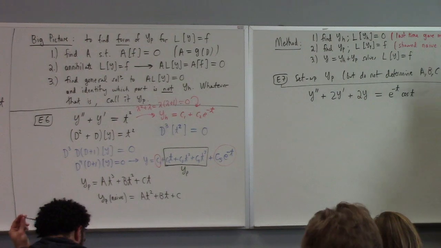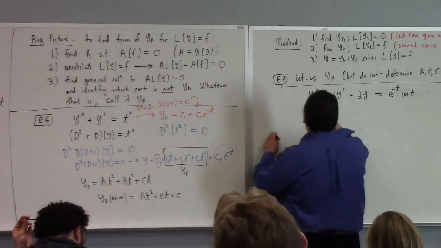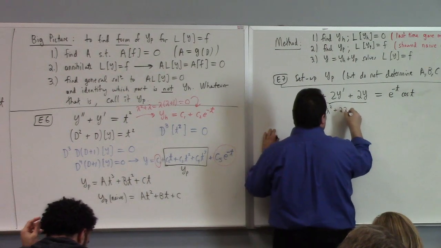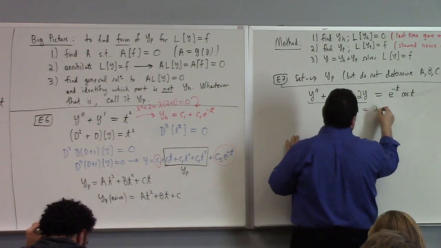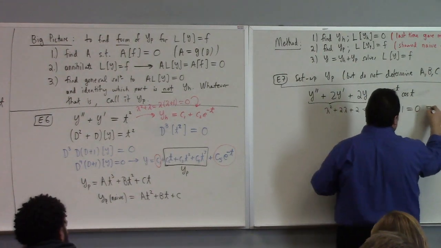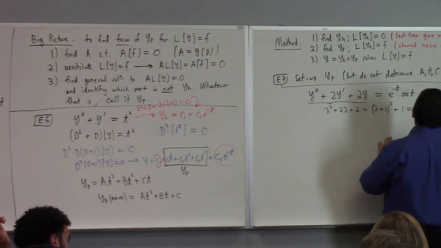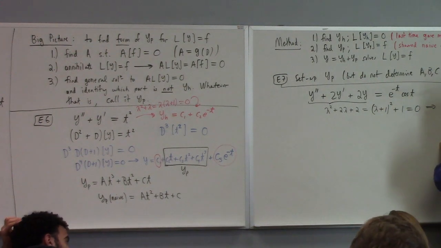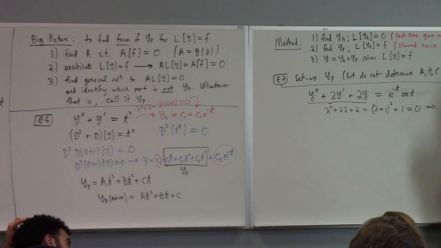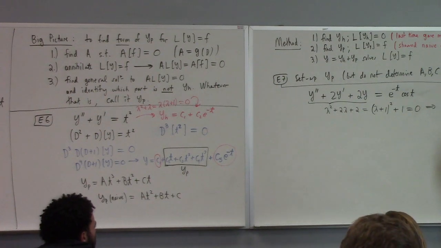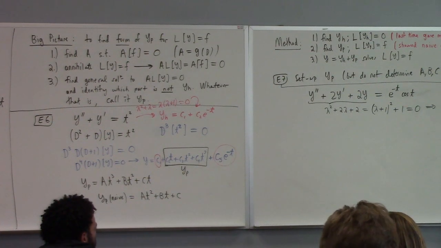First order of business, this gives me lambda squared plus 2 lambda plus 2, which by the way is (lambda plus 1) squared plus 1. Set that equal to 0, and lambda is minus 1 plus or minus i. Therefore, my homogeneous solution has the form C1 e to the minus t cos t plus C2 e to the minus t sine t.